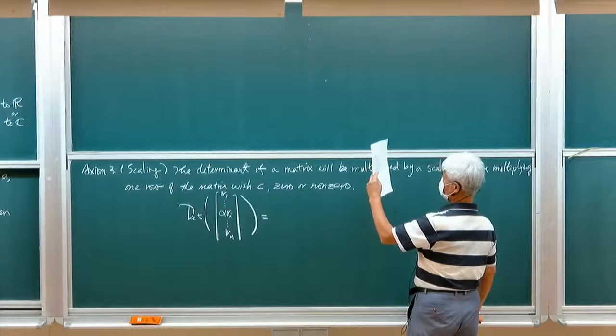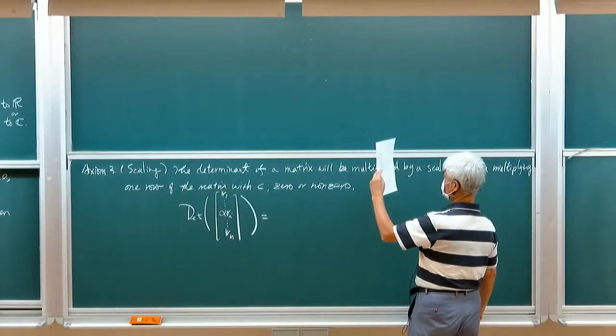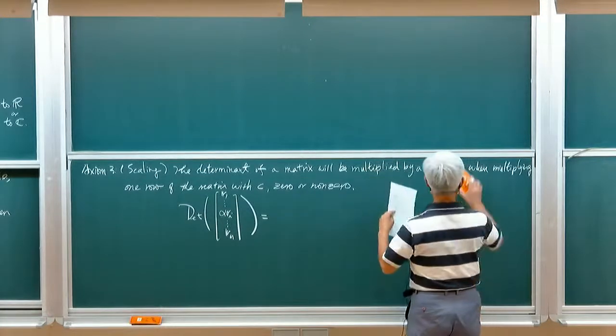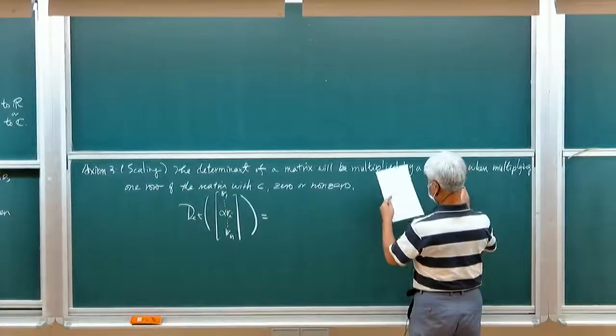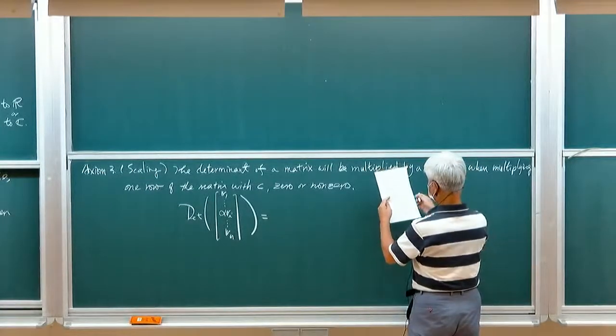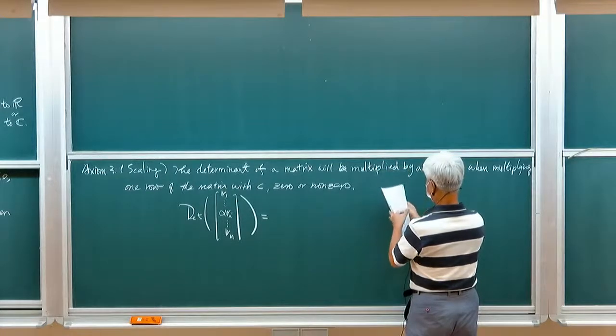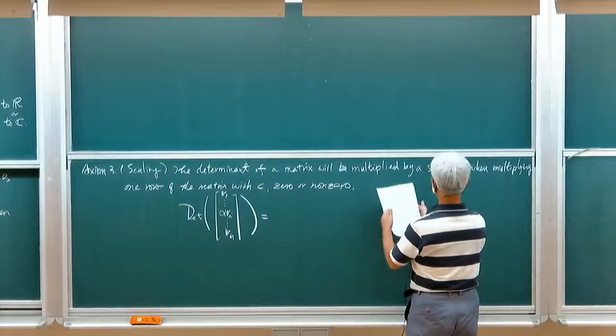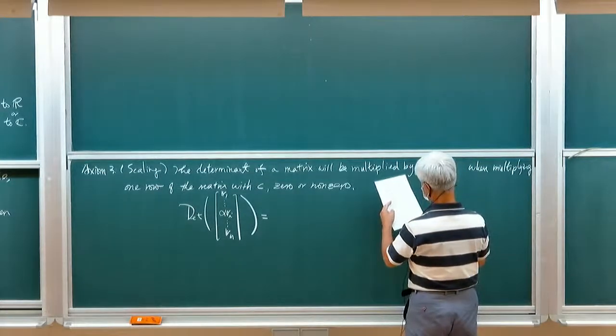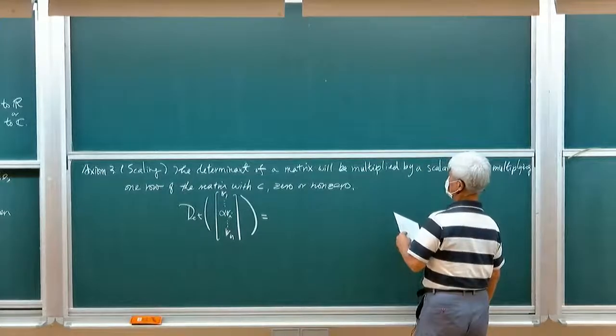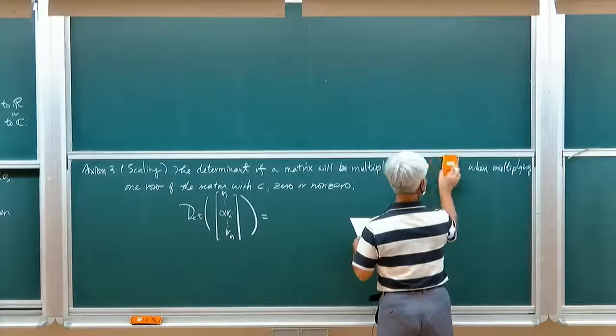I think I made some typo error. Multiplying by alpha.